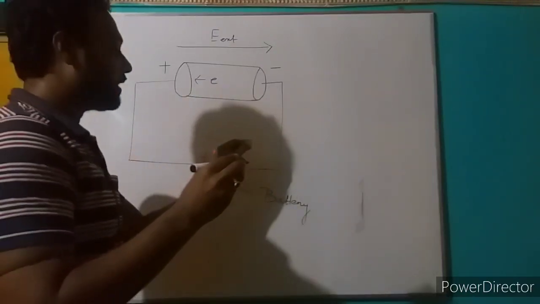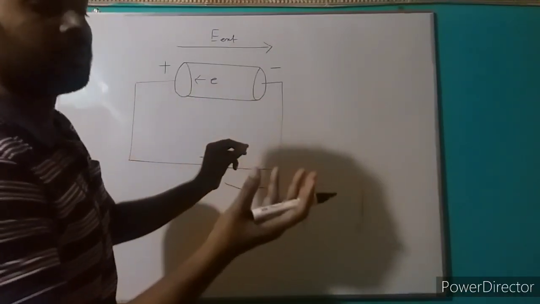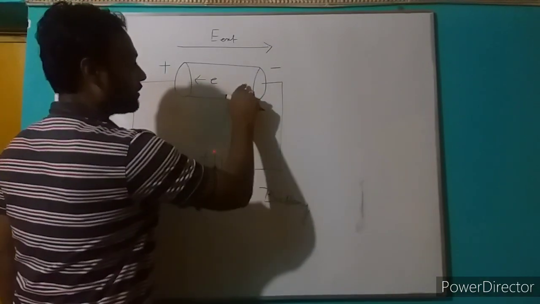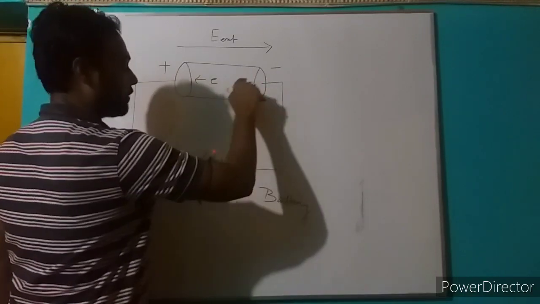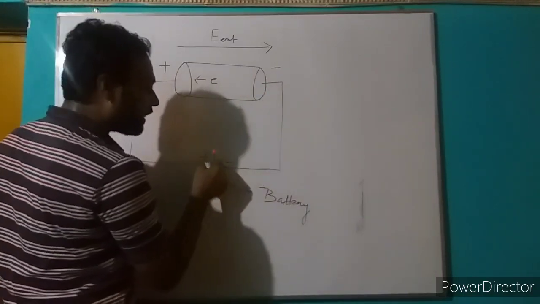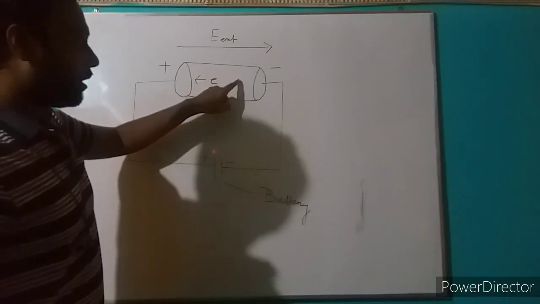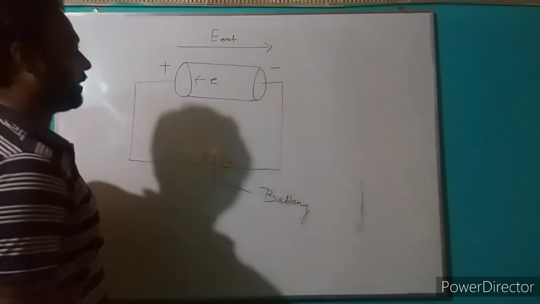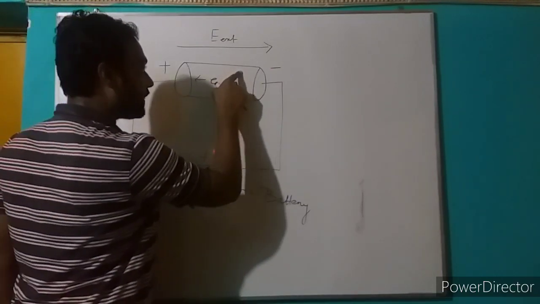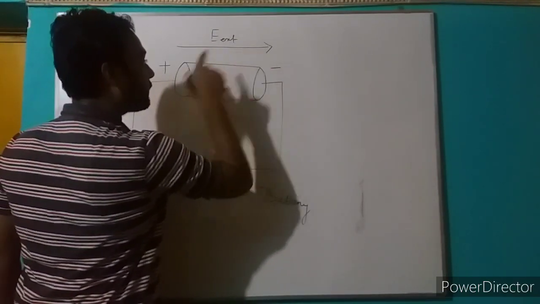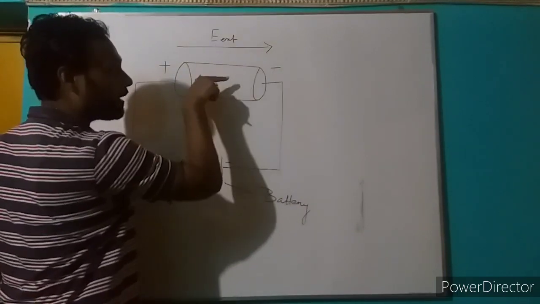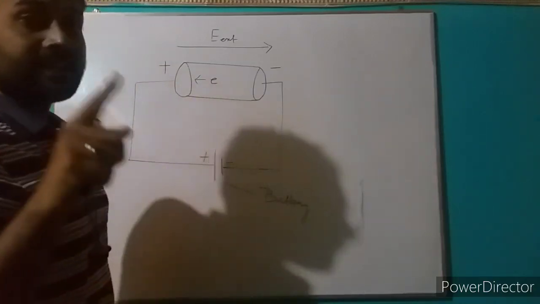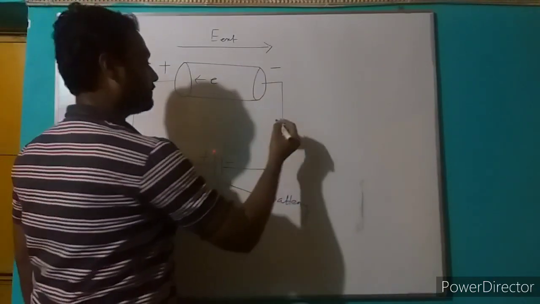If an electron is removed from an atom, then what will happen? That becomes a positively charged particle. That positively charged particle moves toward the negative terminal of the battery. When the positively charged particle moves toward the negative terminal, along the direction of the electric field, there is a current which is generated.